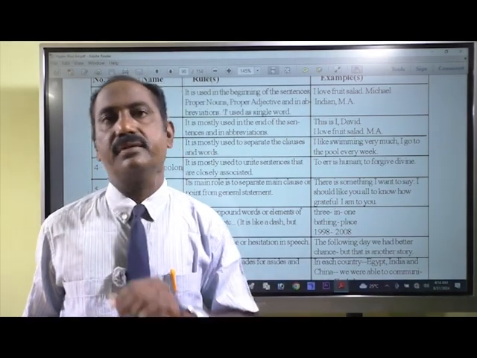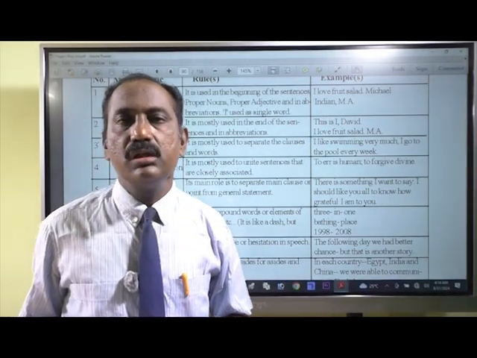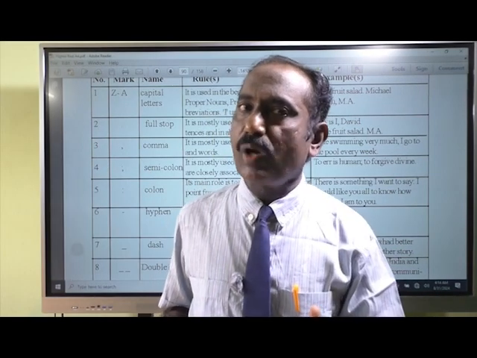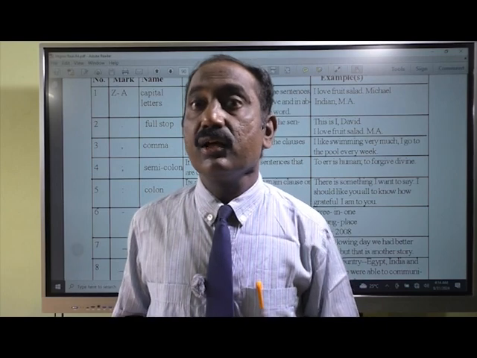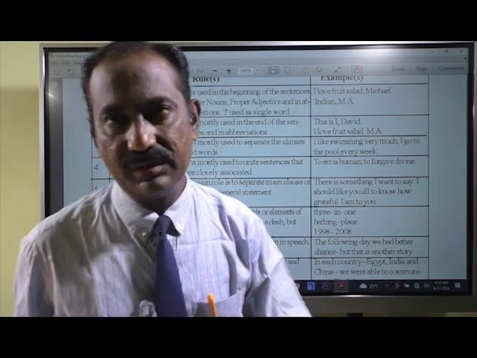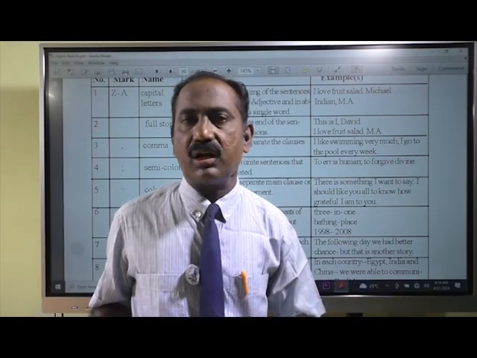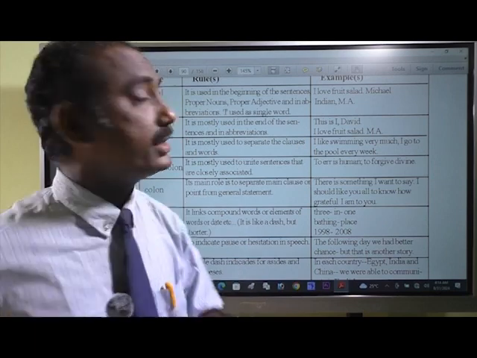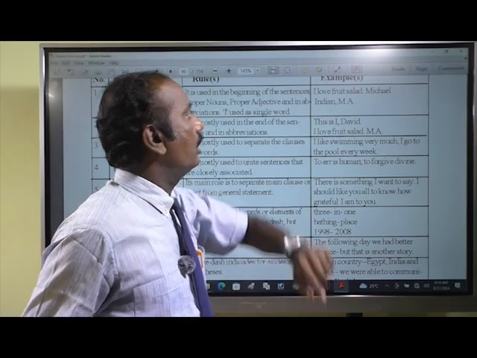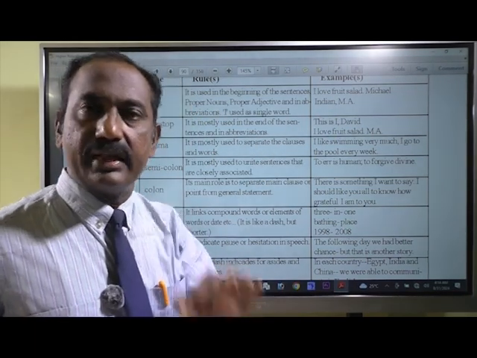India is a proper noun, and Indian is a proper adjective. Country is a common noun, and for common nouns we need not use a capital first letter, but for proper nouns and proper adjectives you must use a capital first letter.